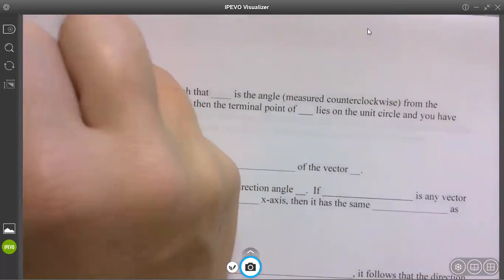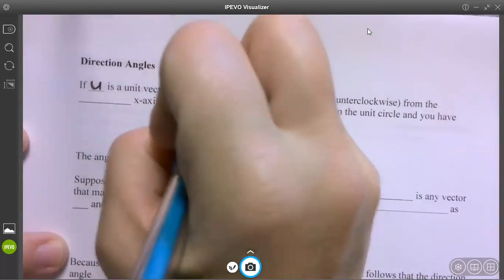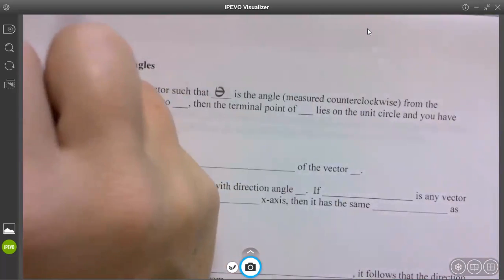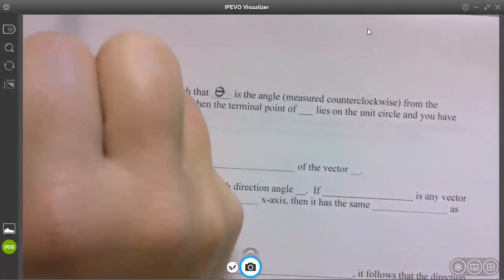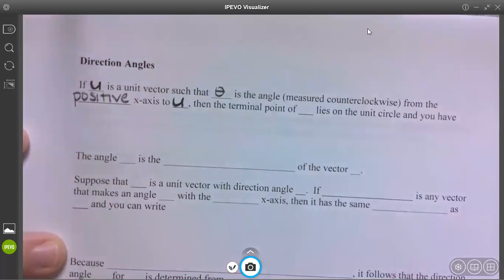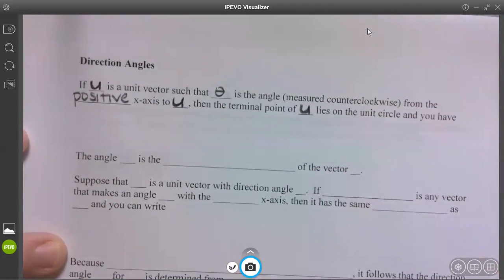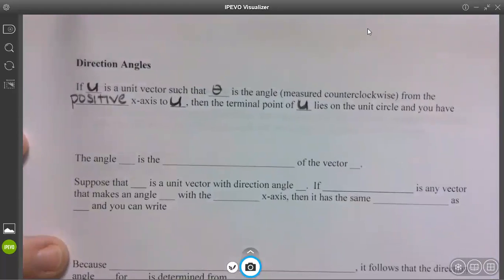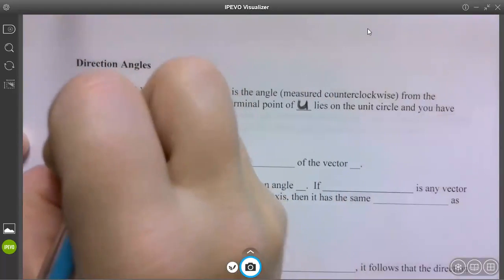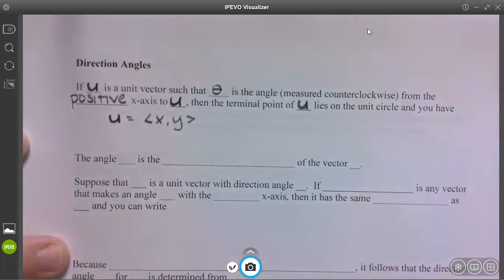If U is a unit vector such that theta is the angle measured counterclockwise from the positive x-axis to U, then the terminal point of U lies on the unit circle. And you have that U is equal to (x, y).